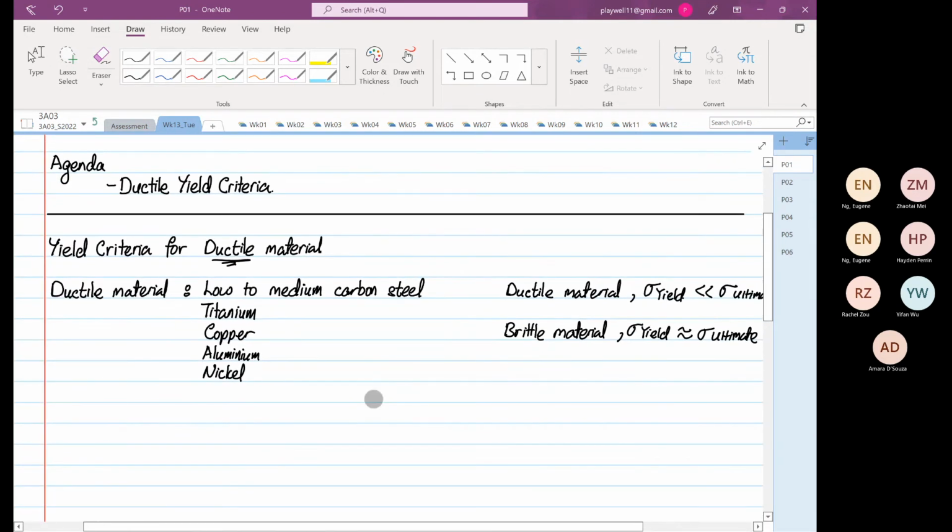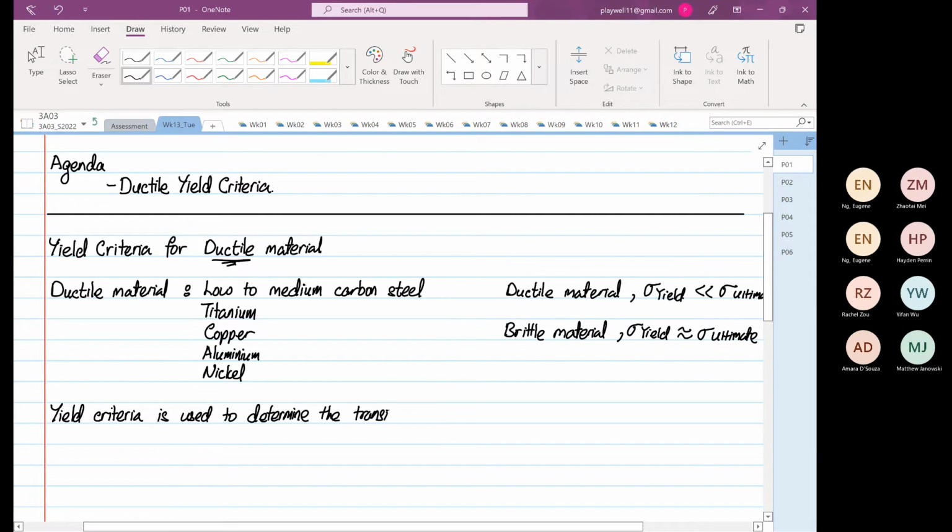So the yield criteria is used to determine the transition between the elastic to plastic region.